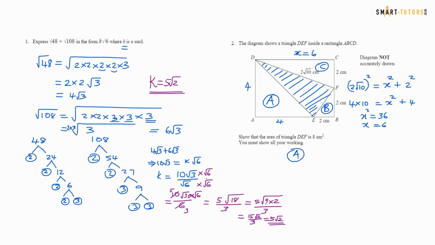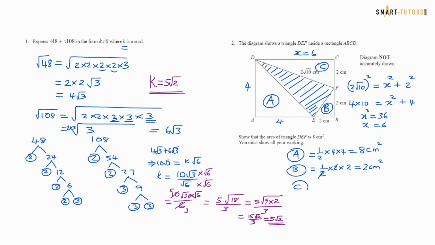So A is the triangle area, half base times height. So a little bit of mental maths. 4 times 4, 16, divided by 2 is 8 centimeters squared. B equals half times base times 2, and 2 and 2 cancel, 2 centimeters squared.